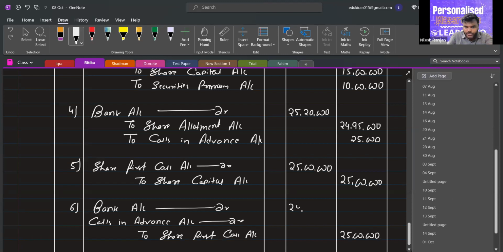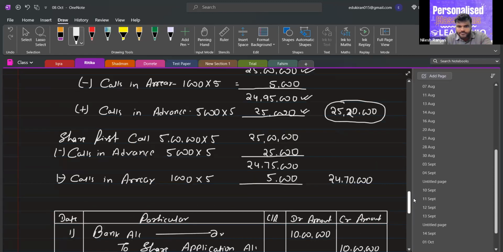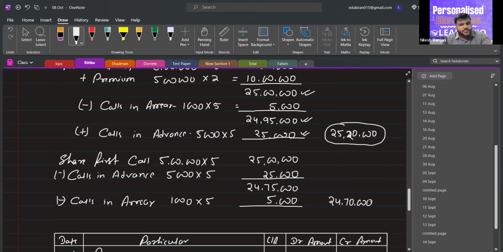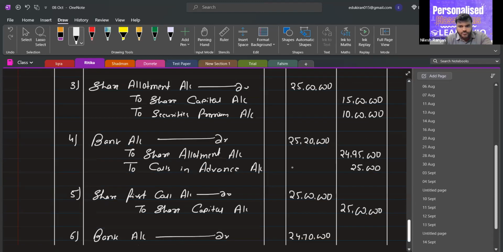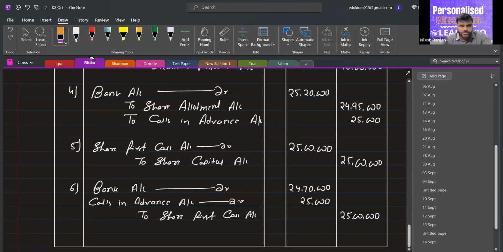We have received 24,70,000. Yes, sir. Is this correct? We have not received this also. Yes, sir. So we have to remove it from the total amount.